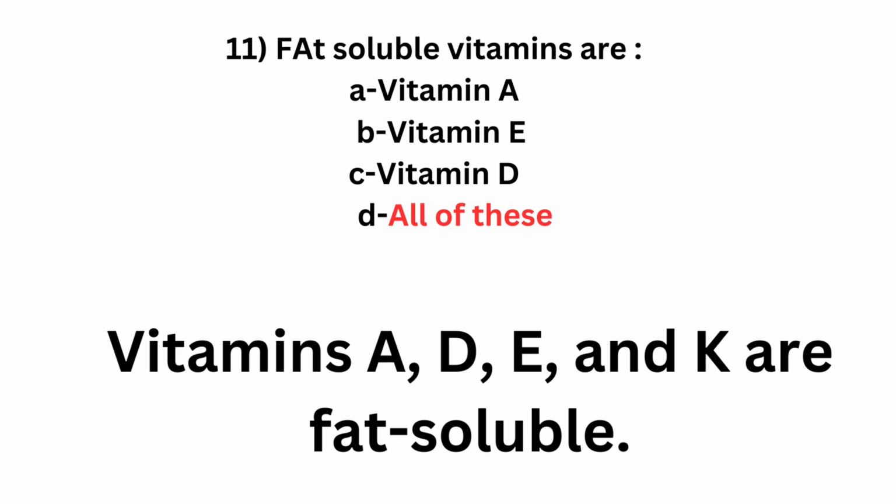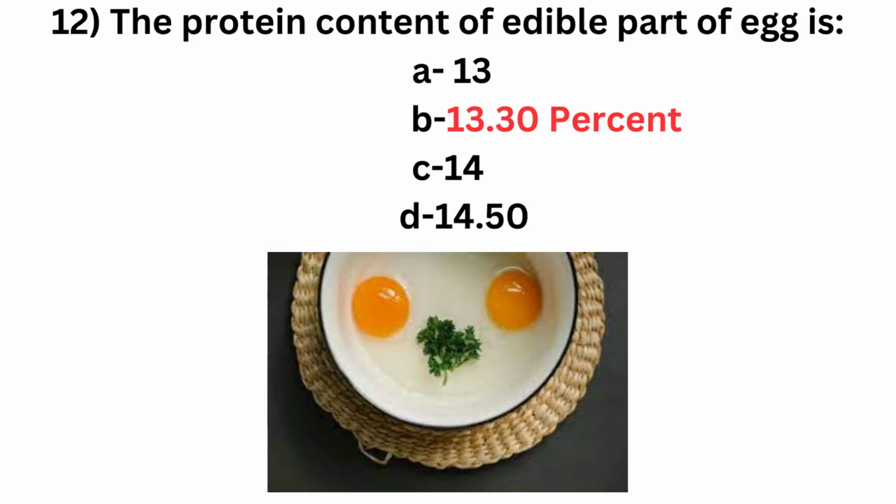So, vitamin A is helpful for night blindness, vitamin D is helpful for rickets and osteomalacia, and vitamin K also very helpful, and vitamin E is helpful for skin diseases as well as for sexual health. So vitamin A, E, and D are fat soluble vitamins.